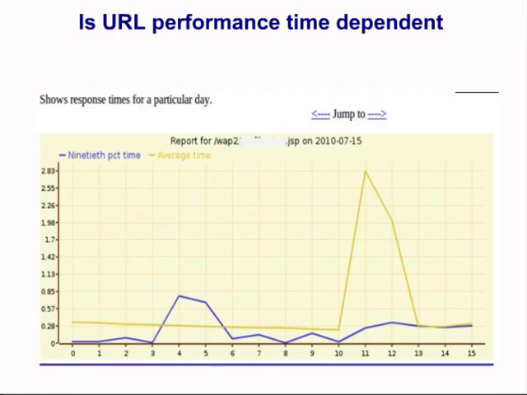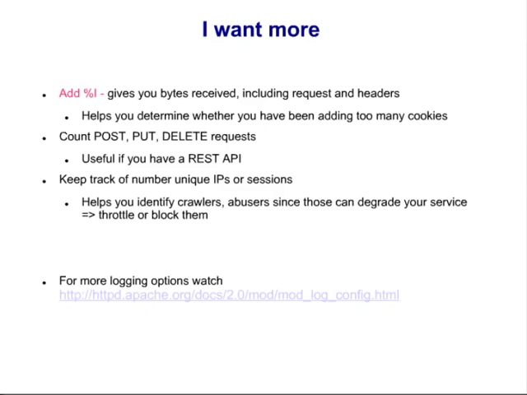Now you can also go even further by adding things like what's the size of the request that you receive with all the headers. This is actually a good thing to track, because you might inadvertently add too many cookies, which will cause the clients to always submit, even for the smallest request, maybe 1K or 2K, whereas you're just returning maybe a couple bytes if it's like an AJAX call.